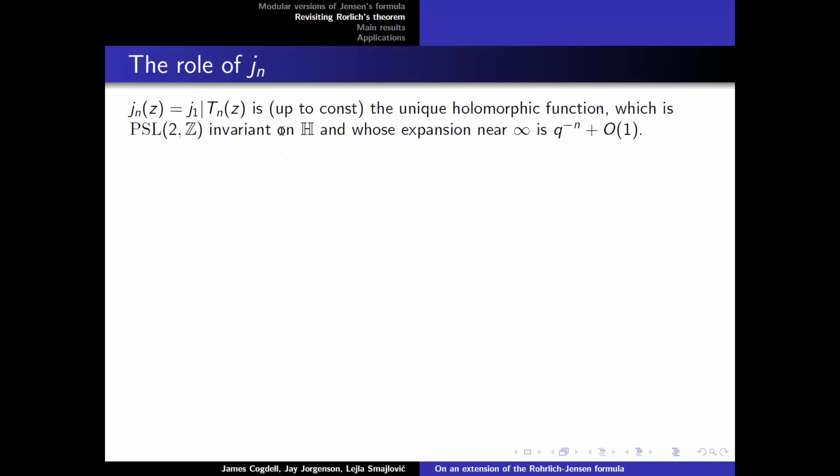Okay, so we recall that Jn is just the action of the nth Hecke operator on J1, and that's, up to a constant, the unique holomorphic function which is PSL2Z invariant, and which has a Q expansion which begins with q to the minus n, and then all the other negative terms in the Q expansion are equal to 0.